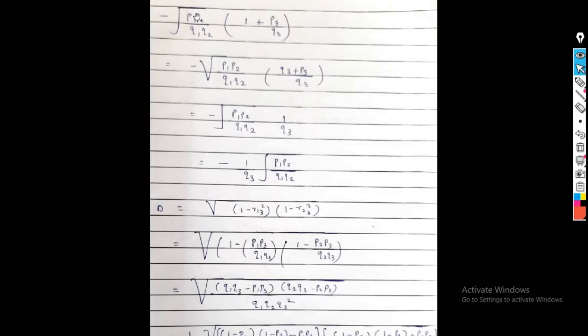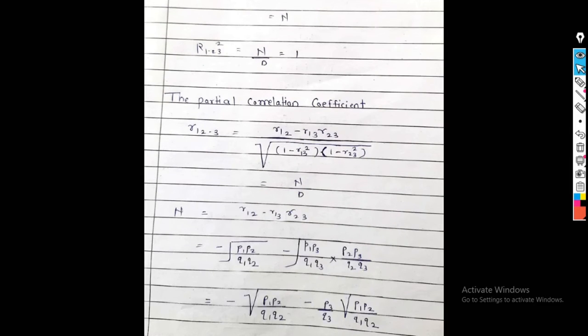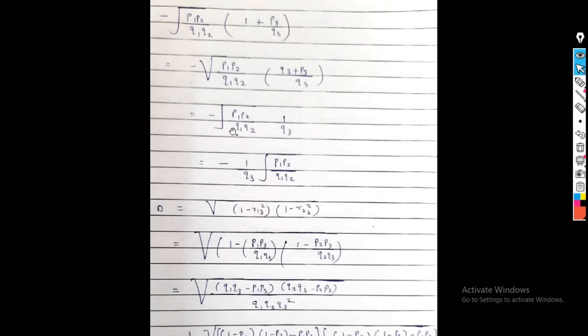So minus square root of P1 P2 divided by Q1 Q2 in bracket 1 plus P3 upon Q3, because the square root of P1 P2 upon Q1 Q2 is common, we can take it out, and in the bracket we get only 1 plus P3 upon Q3.